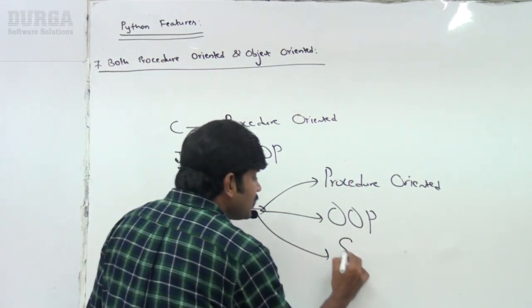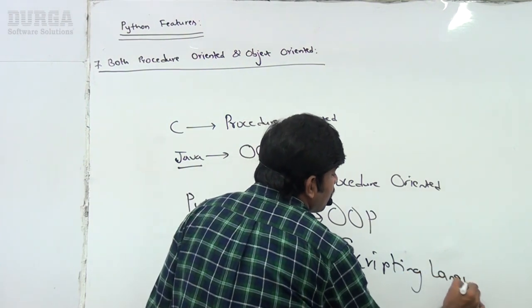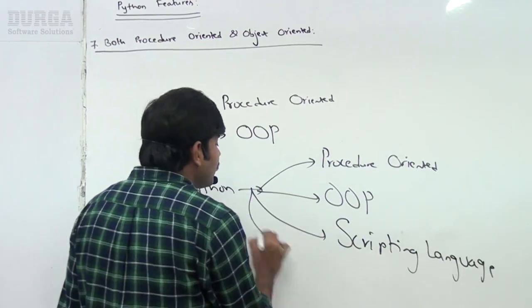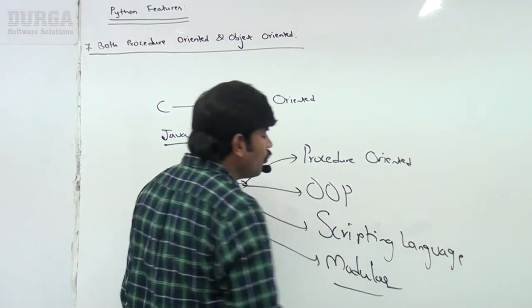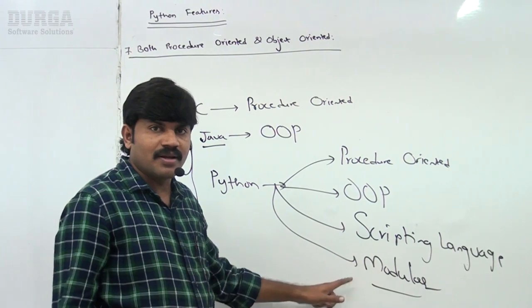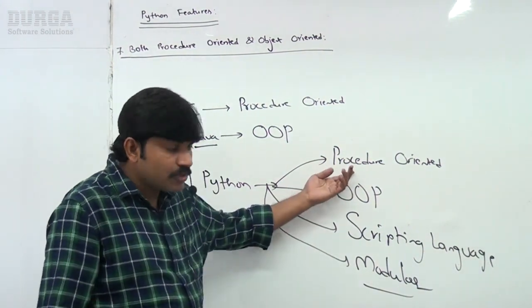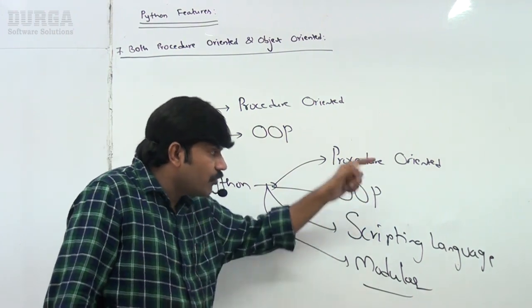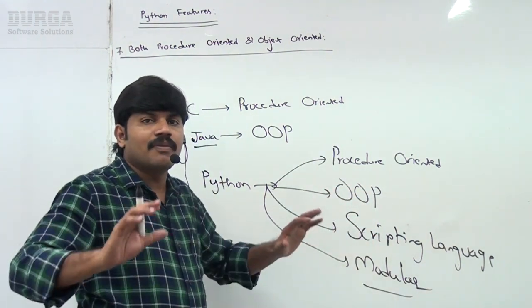Myself is a scripting language. So Python acts as a modular programming language. Python is an all-rounder. Based on our requirement, you can use Python as a procedure-oriented language, or object-oriented, or scripting language, or modular programming language. All the features are there.